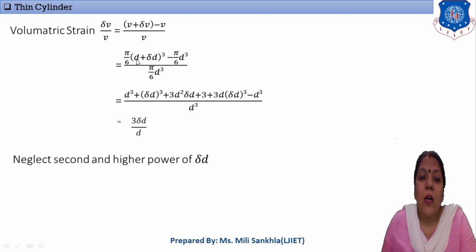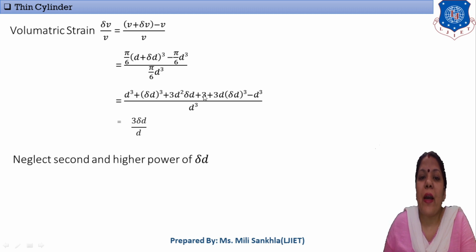Now expand this. Take pi by 6 common and cancel this term. Expand (d plus del d) cube, which is equal to d cube plus 3d square del d plus 3 del d square d plus del d cube, and minus this d cube.